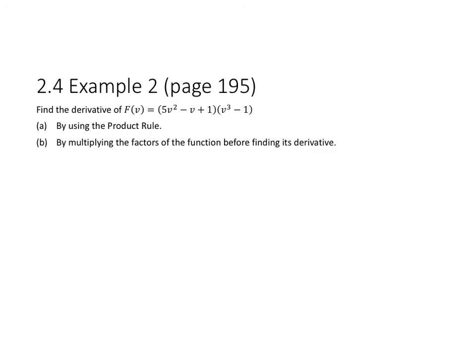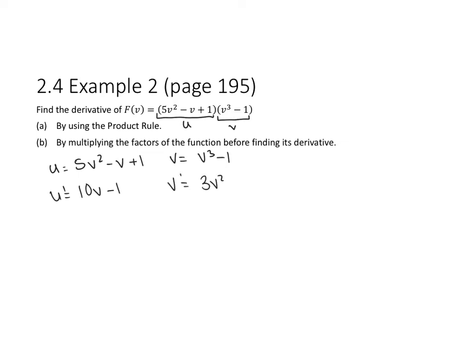All right, let's do another one that's pretty tricky. First, we're going to do it using the product rule, and then we're going to multiply it out and show that we get the same thing. So hopefully you see this piece is one function, and this piece is my other function. So my u is 5v squared minus v plus 1, and my v is v cubed minus 1. U prime is going to be 10v minus 1, and v prime is 3v squared.